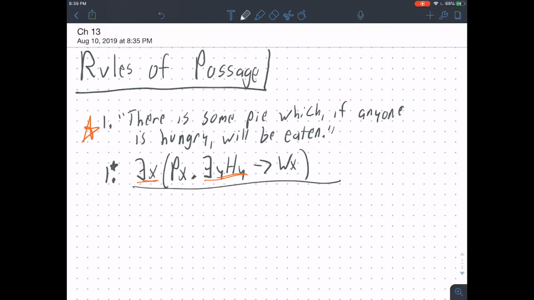So there are 8 rules of passage for moving quantifiers around so that we can get them into a form where we can do things like apply the method of existential conditionals. There are 2 different forms we'll be converting to, prenex form and pure or purified form.